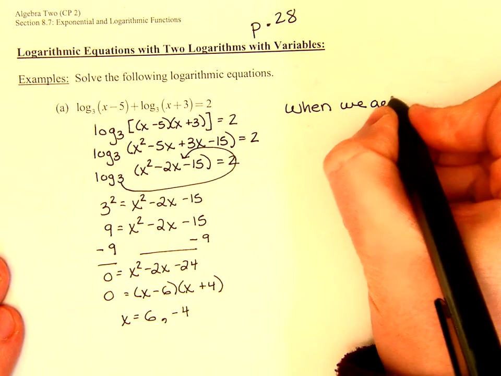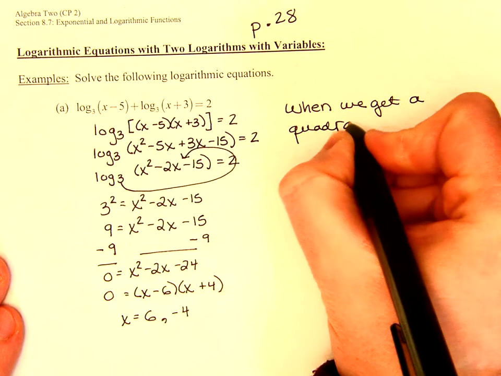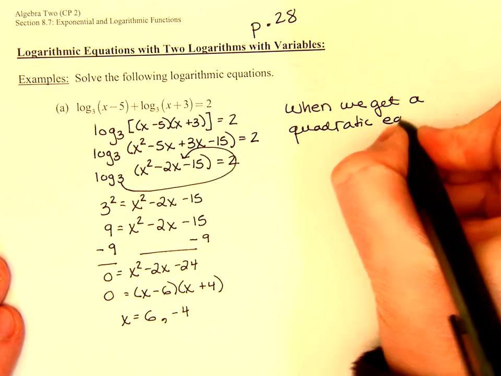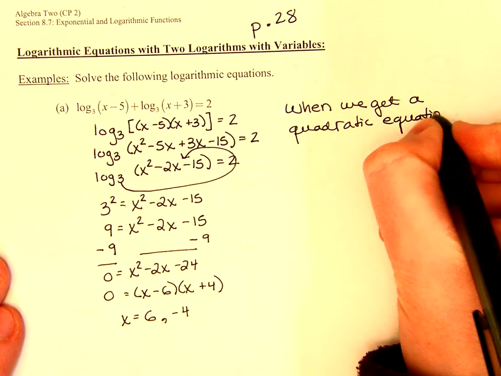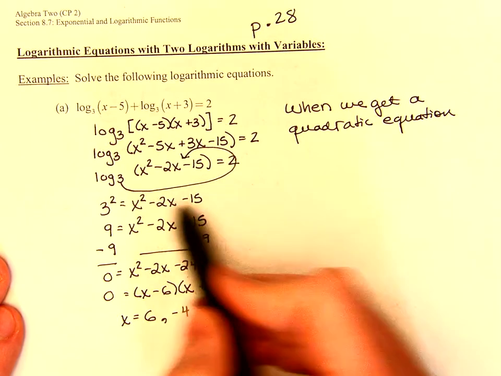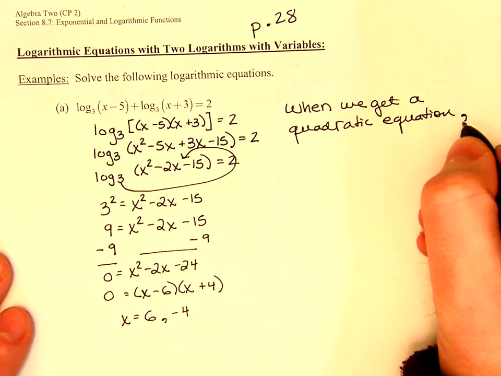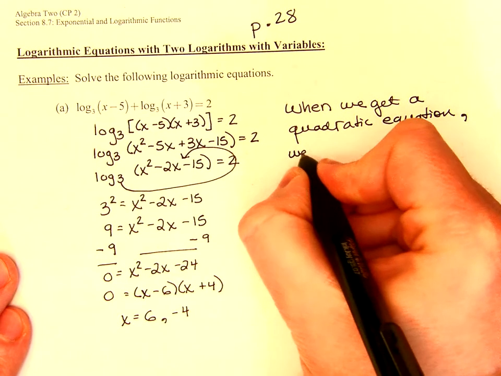When we get a quadratic expression inside of a logarithm, solve, and get a quadratic equation, we must then check for extraneous solutions.